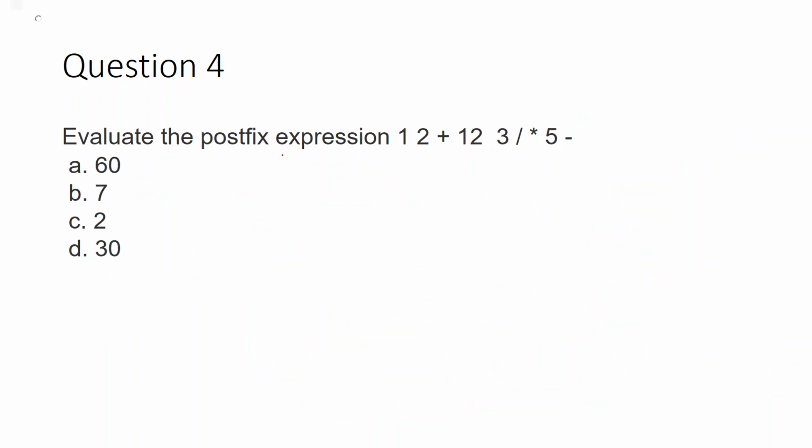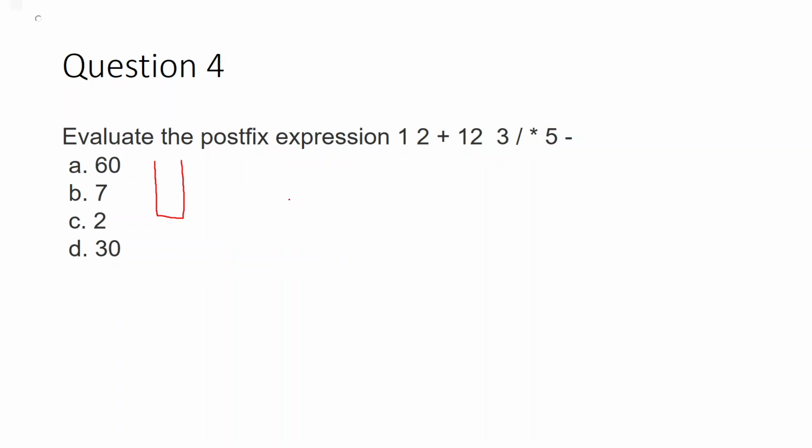The next question, the fourth question: here we are going to evaluate the postfix expression. Here, 1, 2 plus 12, 3, division, multiplication, 5, subtraction. How can we evaluate this expression? For that, first we need to draw one stack. Scan the expression from left to right, one by one.